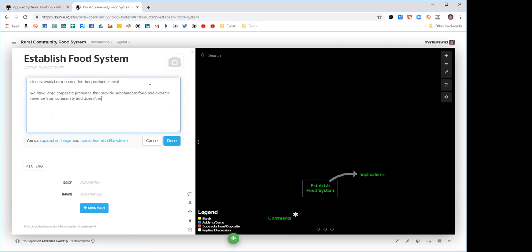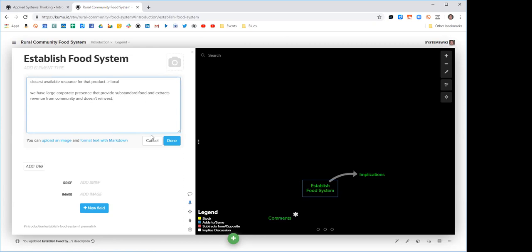Say Dollar General or Walmart, when they come in, no one can compete with their prices because of economies of scale. Their presence in the community sort of automatically sidelines any efforts to develop a sustainable food system within the community that would have a feedback loop from which that system could grow. So you have a vicious cycle versus a virtuous cycle.